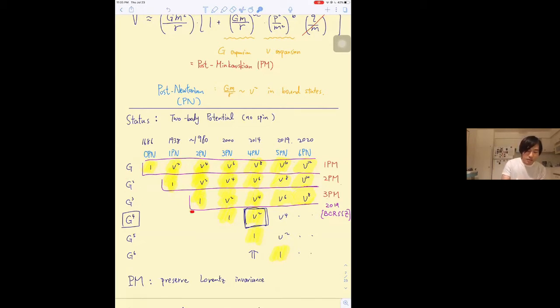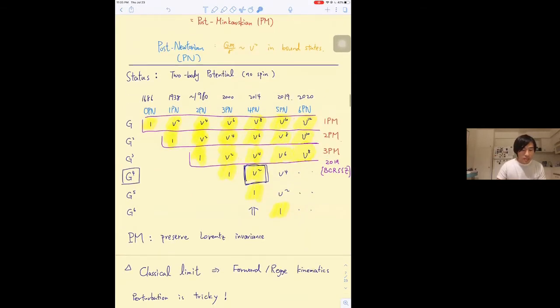And this 2 loop result is the state of the art, which my collaborators and I finished last year. One way to say this post-Minkowskian approximation is we want to do the GR correction, but in the meantime, we want to keep the special relativity, or we want to preserve this Lorentz invariance, because we want to resum all the relativistic velocity corrections at once.